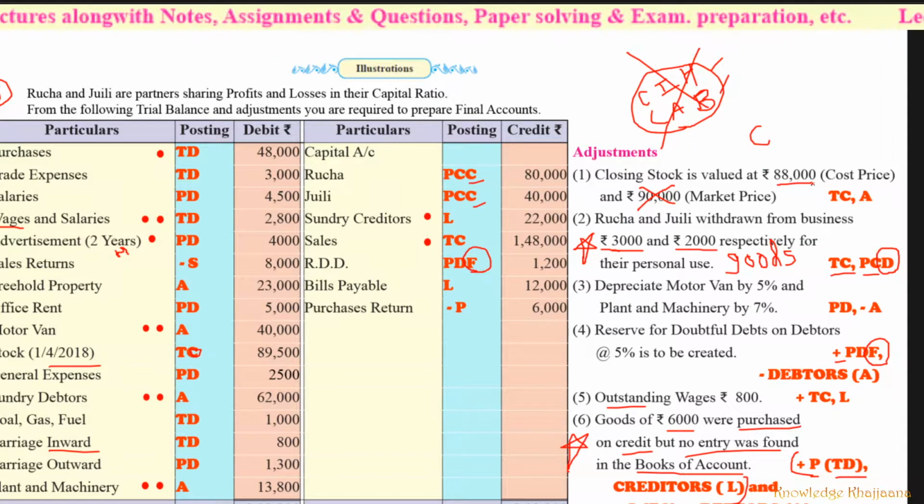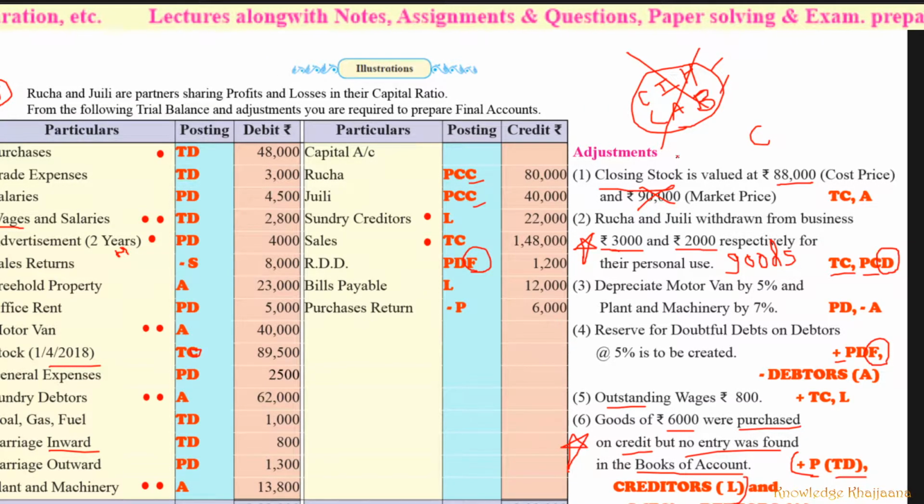But the closing stock has been valued, meaning the valuation work of the closing stock has been finished. Listen properly. The valuation of the closing stock has been finished, and it was found to be rupees 88,000. It means the goods which were purchased on credit were not found in the closing stock either.